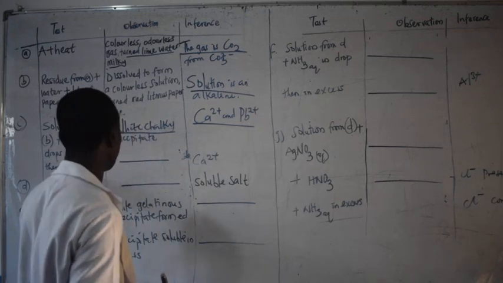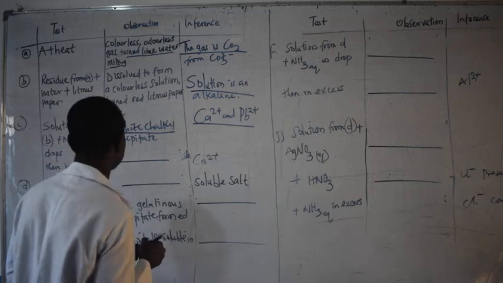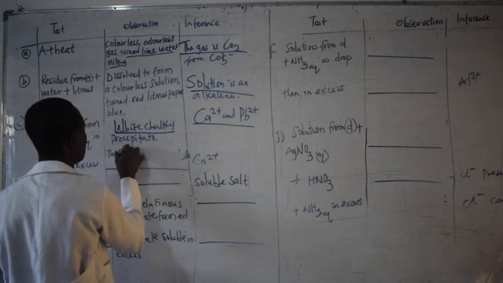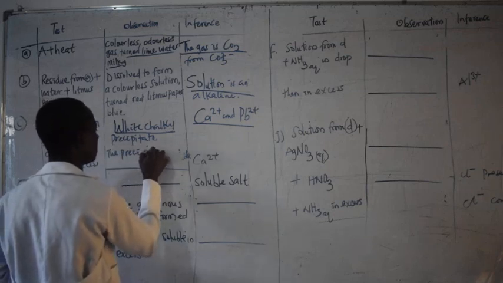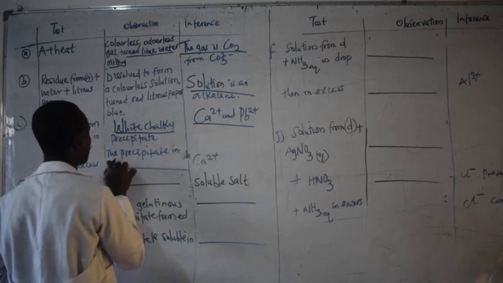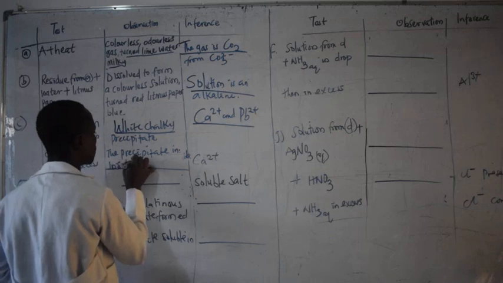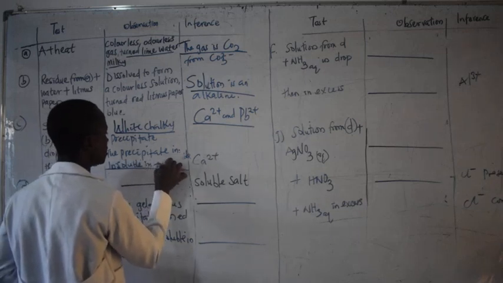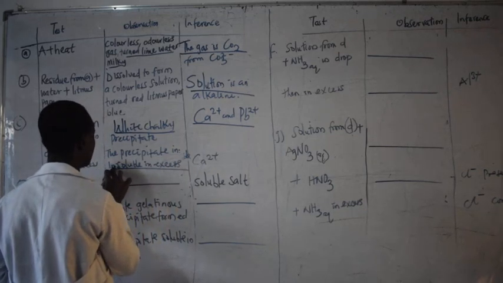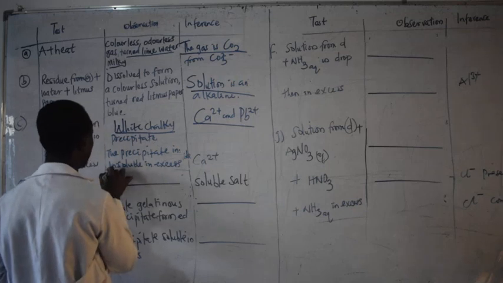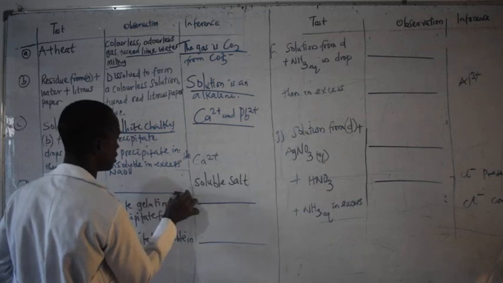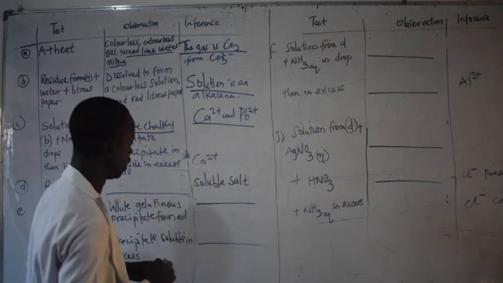Then in excess, the precipitate is insoluble in excess sodium hydroxide, in excess NaOH. That is what has confirmed the presence of calcium ion.